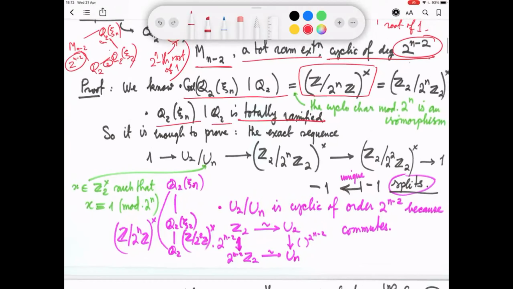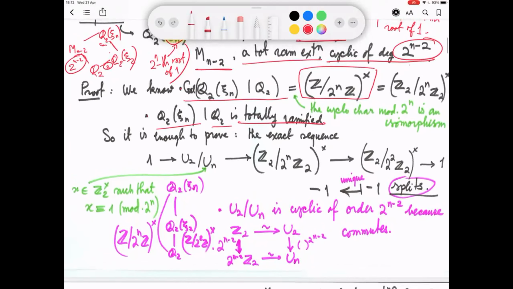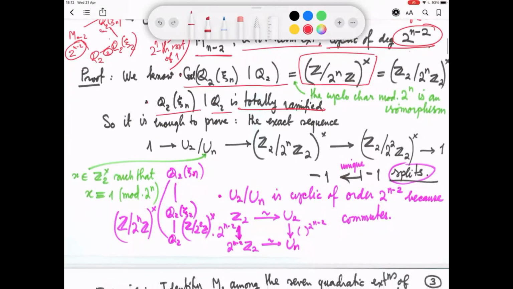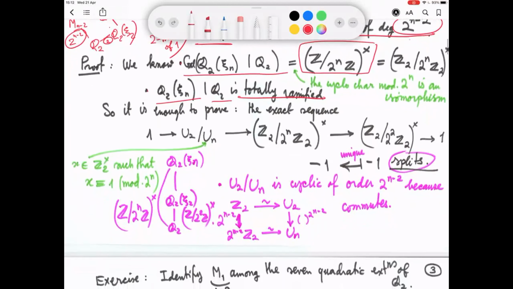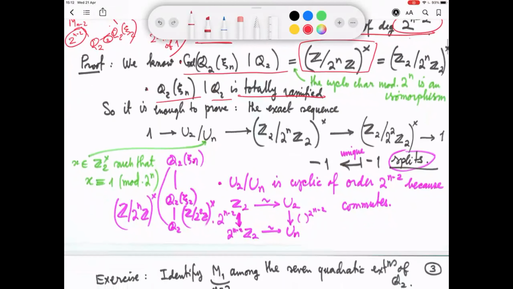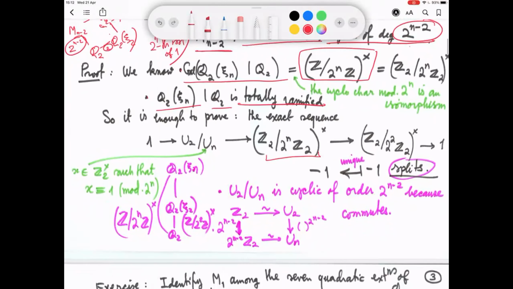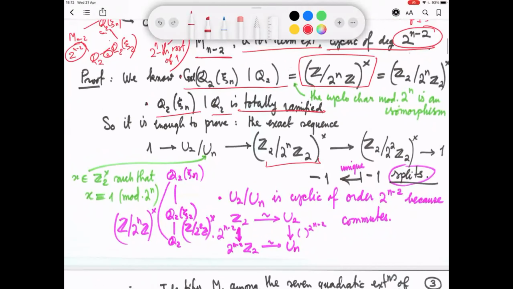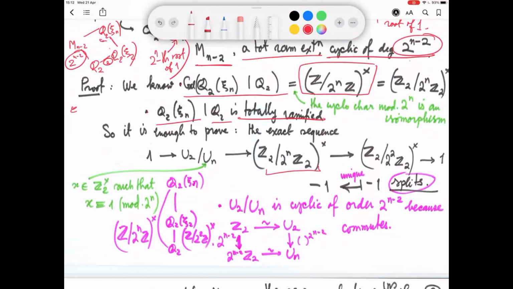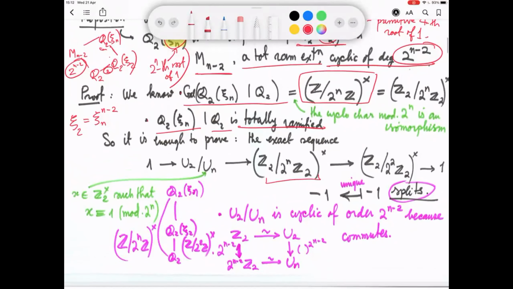So first, from these two facts, you can't conclude, but you also know. Now you look at this, the Galois group of the large extension, right? And this psi 2 finally is what? It's psi n to the power 2 to the n minus 2, perhaps, right?